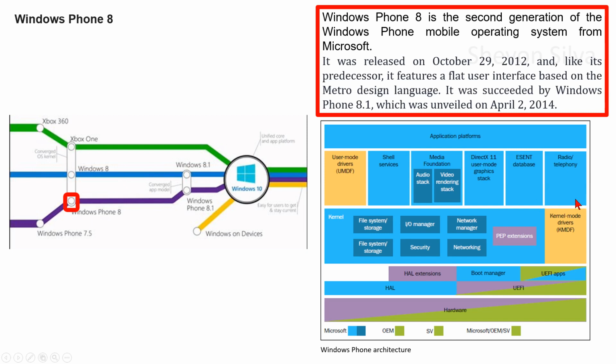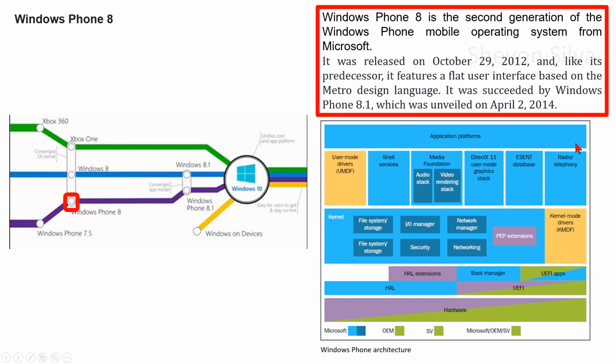The last stack in this big layer is the radio telephony stack, which is a set of APIs that help in the development of communication applications for Microsoft Windows Phone.